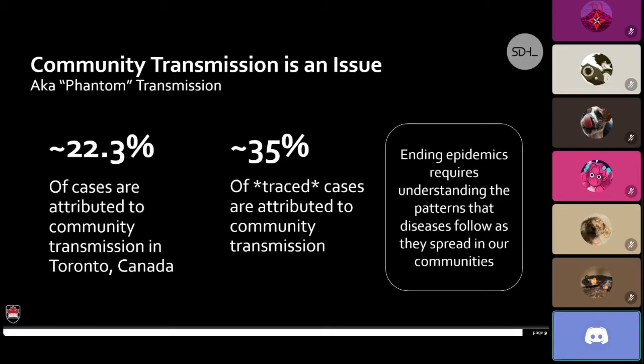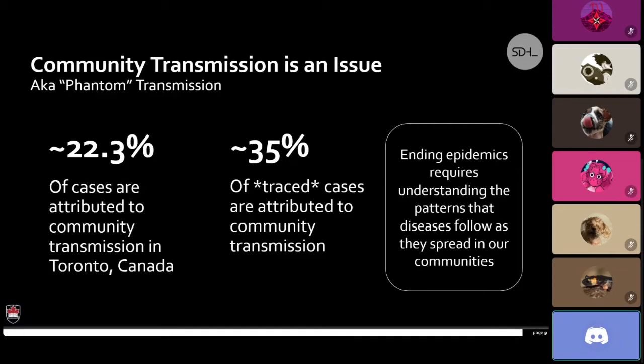So I have a couple of numbers for you in the case of Toronto. Of the cases that are traced by the Toronto Public Health Unit, nearly 20% of those are attributed to community transmission. So one in five cases that we trace, we don't really have an understanding of where they're coming from. But a significant number of cases in, sorry, I'm mixing the numbers up.